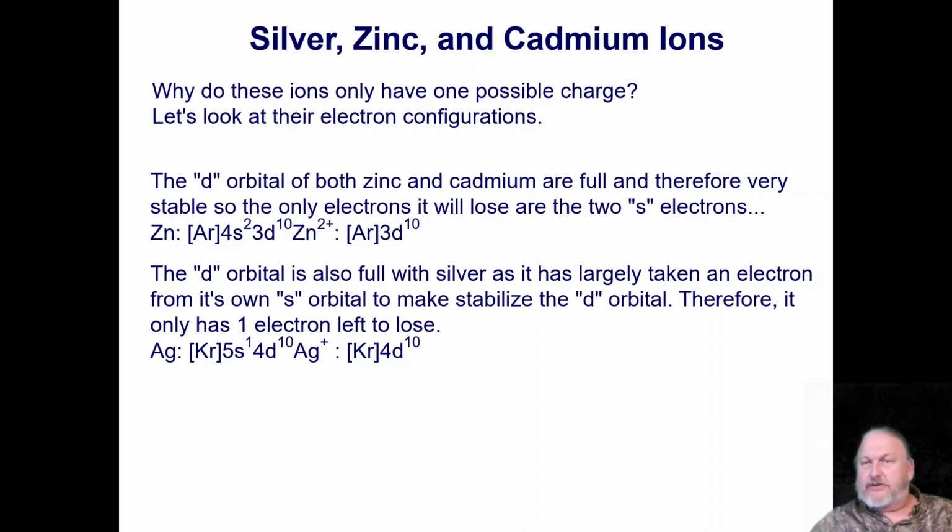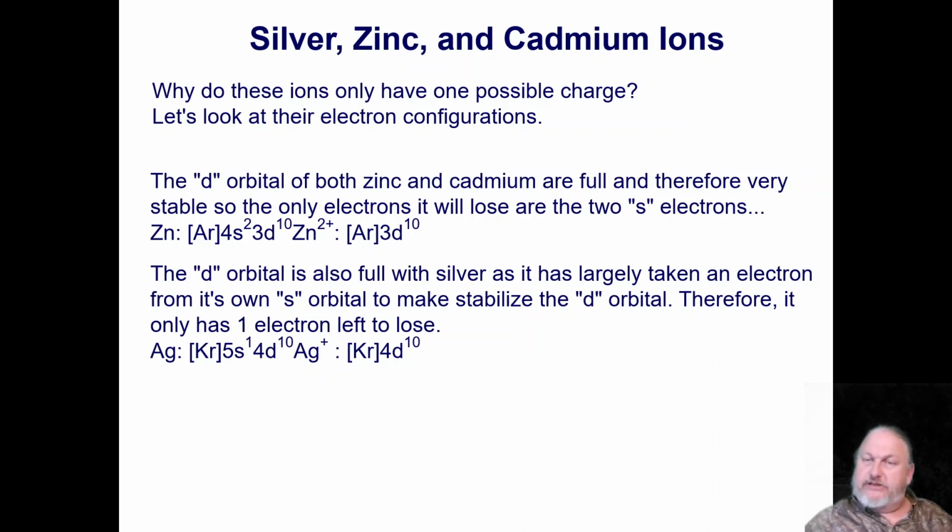So these are only going to lose those 2 s electrons. There are the 5 d orbitals, and they're filled. It would be more unstable for that atom to lose a couple of those out of the d block. So it's easier for it to go ahead and lose those 2 s electrons.